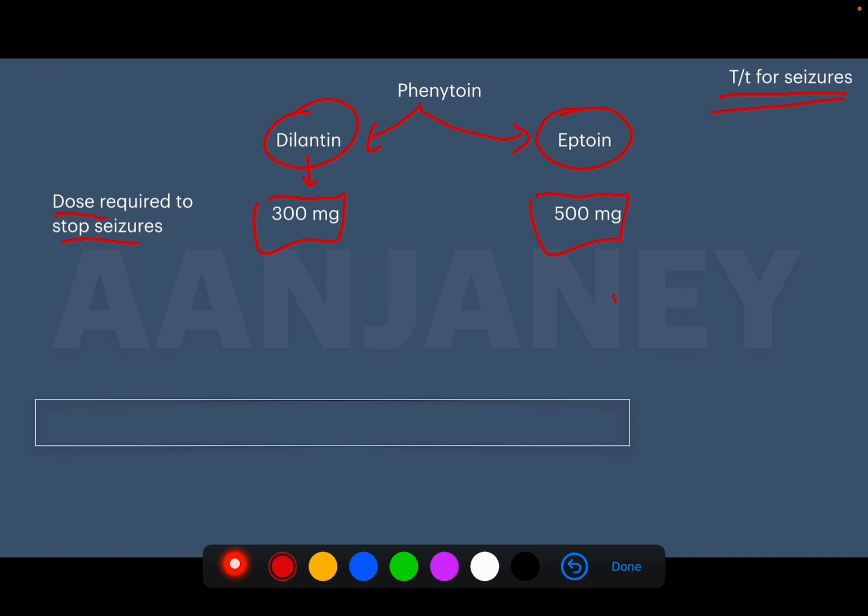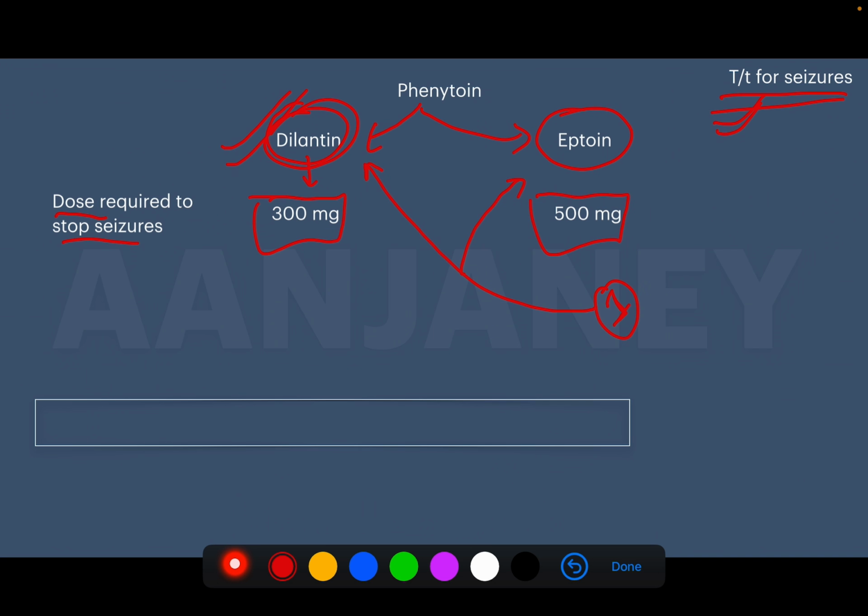So let's say there was a patient taking this drug for the treatment of seizures. Now the pharmaceutical company from where he was taking the drug got closed. So now he has to change the medical store, right?